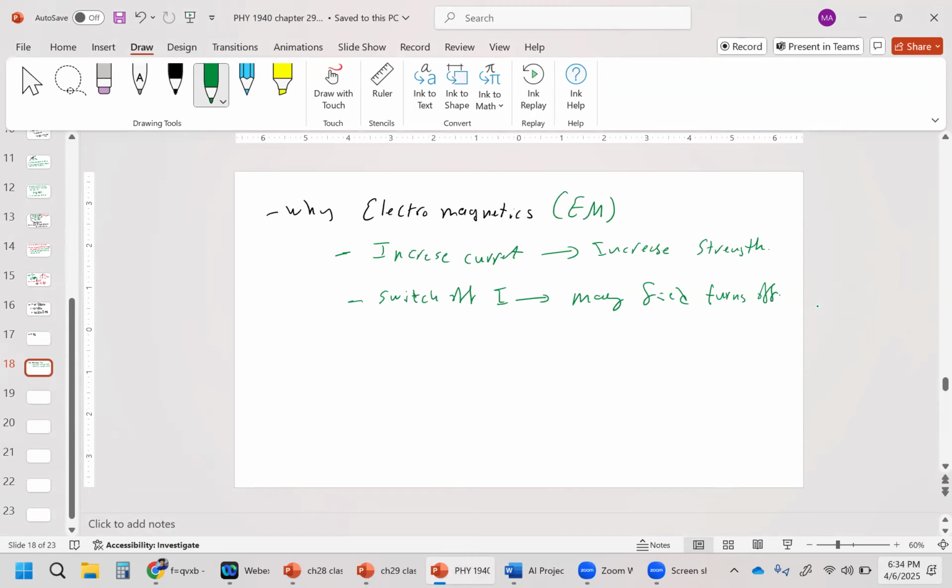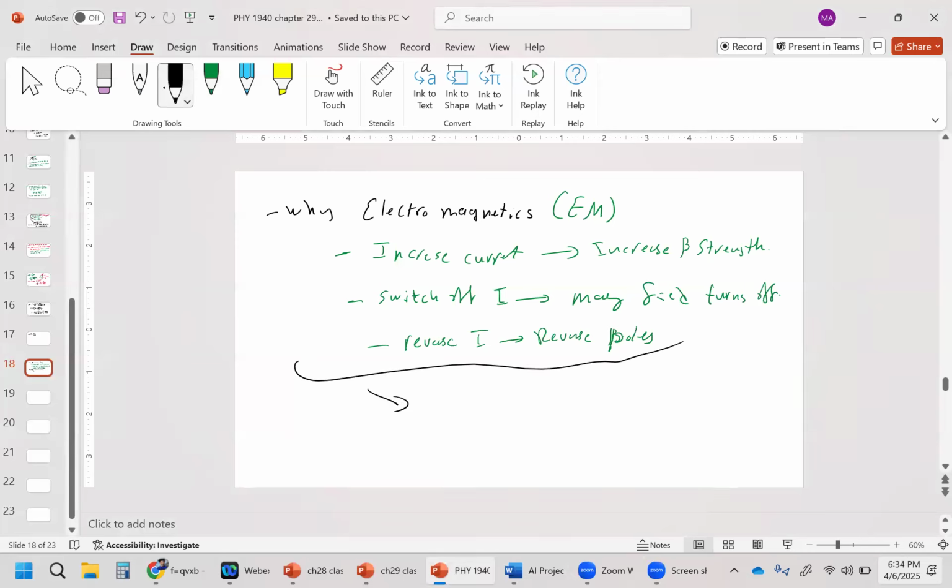If you reverse I, you reverse the poles. Also, when you increase the current, that means you increase the magnetic field strength, which basically means you control the magnetic field.